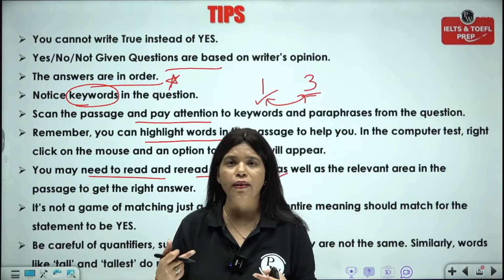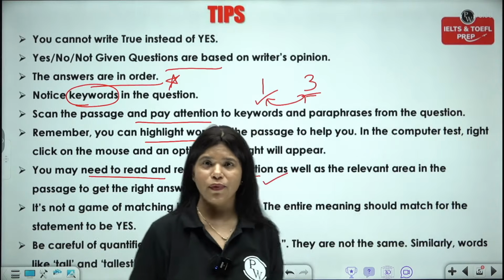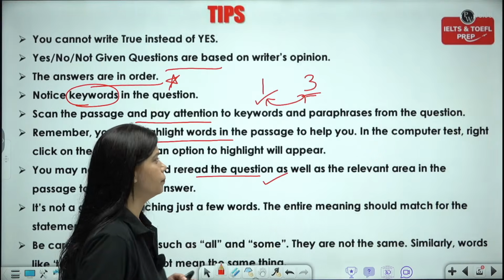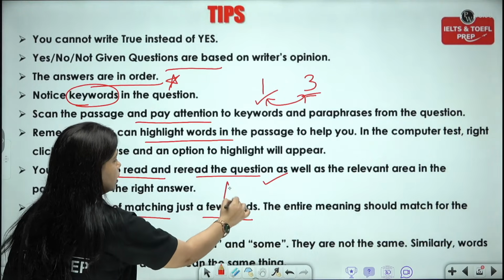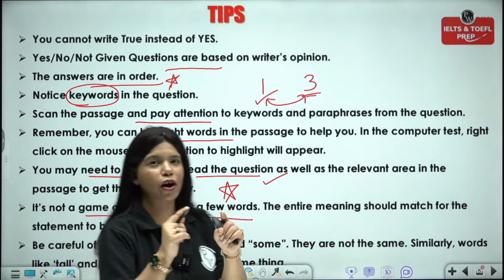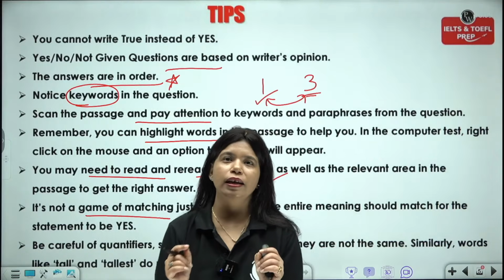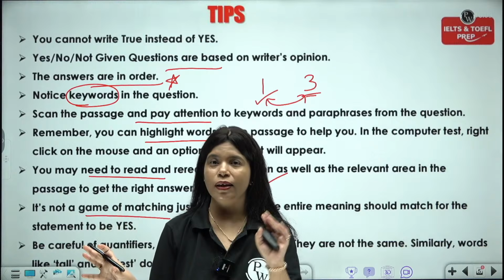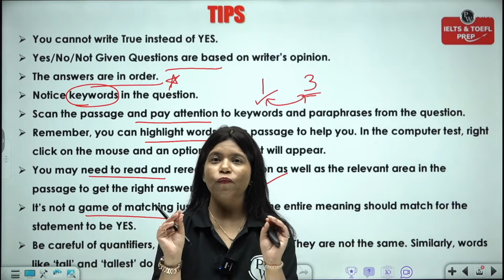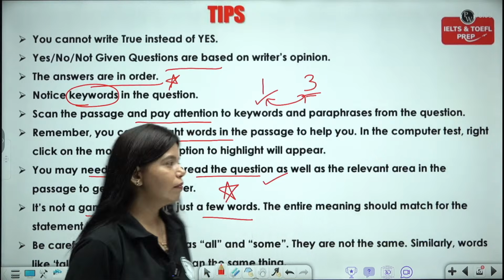You have to read again and again to get the right answer. Sometimes it's not understood in one go. Then, it's not a game of matching just a few words, very important. It's just not a game of matching few words, guys. You have to match the entire meaning of the question with the meaning given in the text for it to be true.